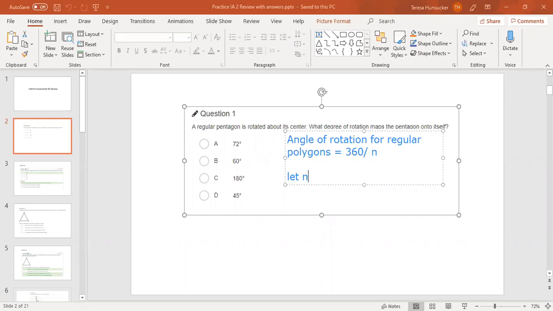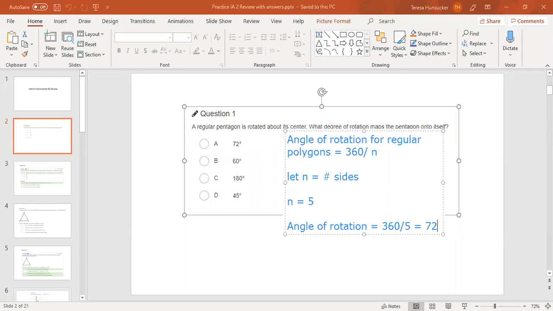And we're going to let n equal the number of sides. And in this case, n is 5 since it's a pentagon. So our angle of rotation is going to equal 360 divided by 5, which is 72 degrees. So our answer would be choice A.